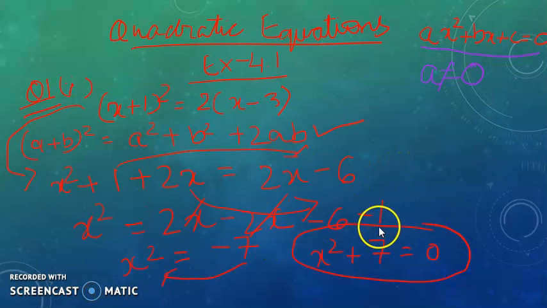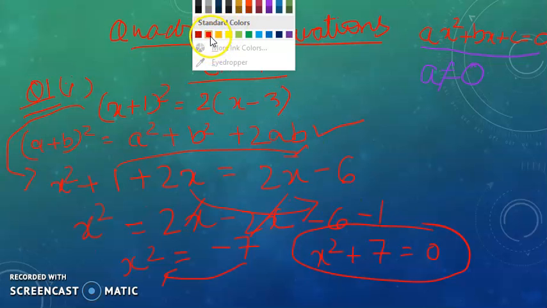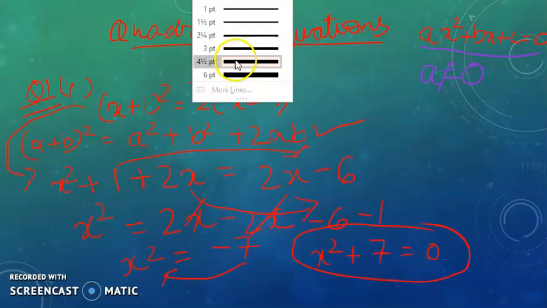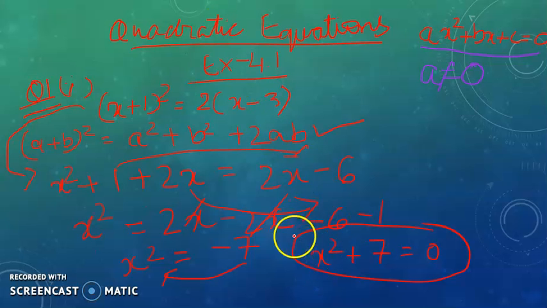Okay, students, now see this equation carefully. If you compare with the standard form, this is a quadratic equation. Why? Because this can be compared with ax square plus bx plus c equal to 0.